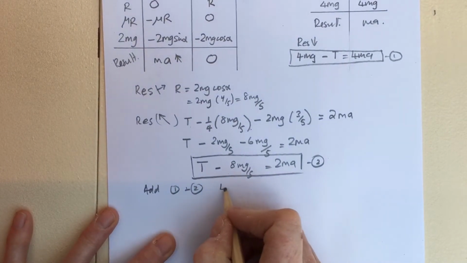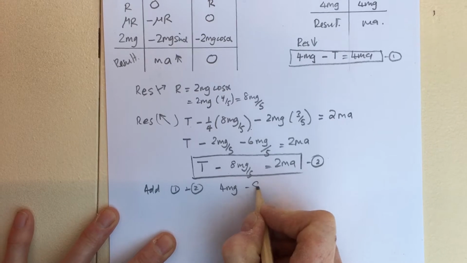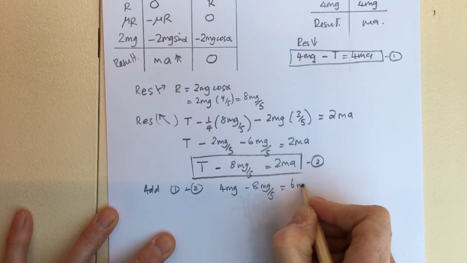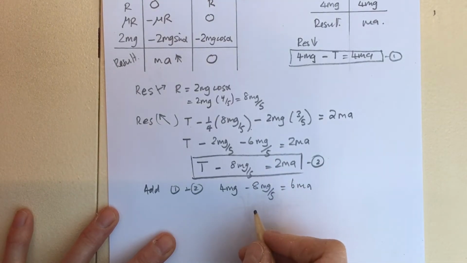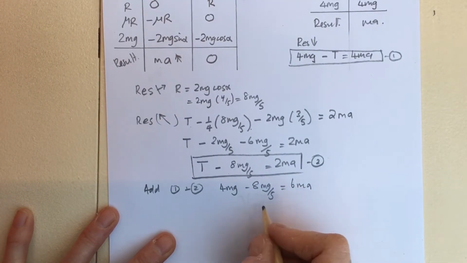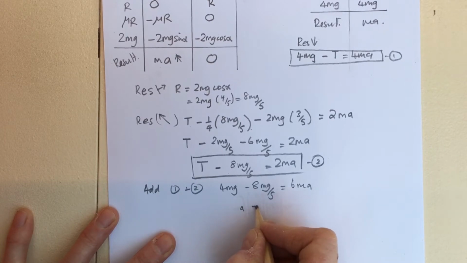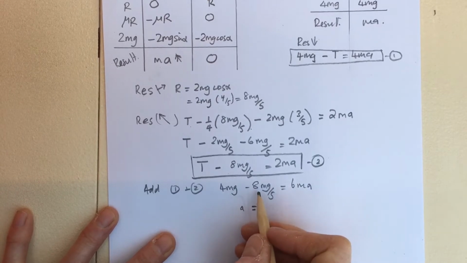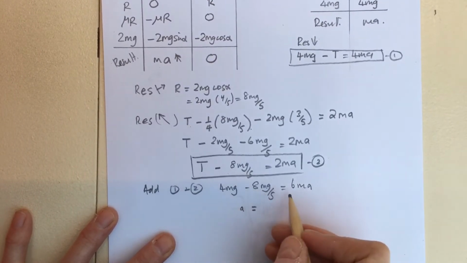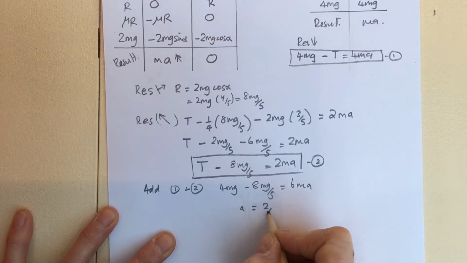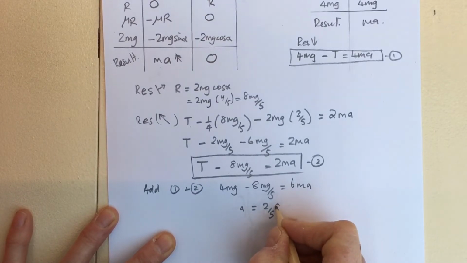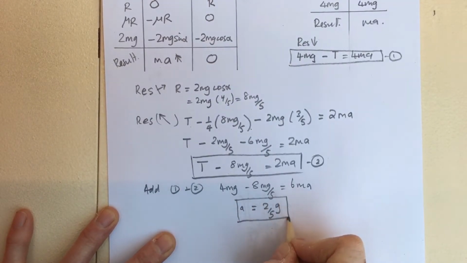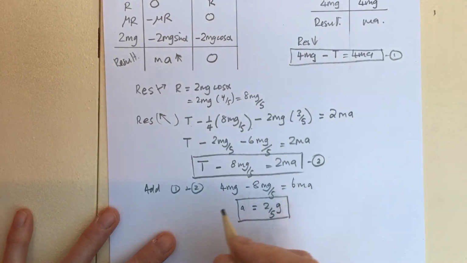So I end up with 4 mg minus 8 mg over 5 is equal to 6 ma. So a is equal to 20/5 minus 8/5, which is 12/5, divided by 6, which will be 2/5 g, because the m's all cancel. So that's part a.